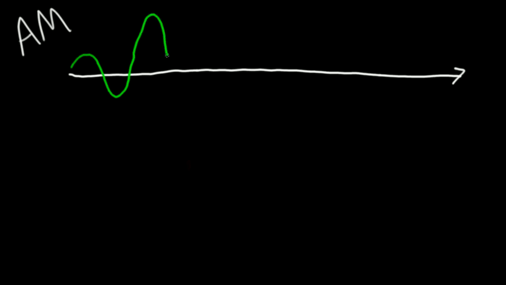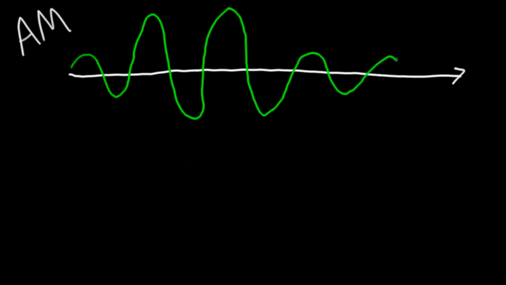The way that AM is traditionally visualized is as a sinusoid that varies over time. And if I do a good job of drawing it, you should see that the amplitude changes over time, but the frequency should not. So the peaks should be at approximately the same amount of time along the time axis from one another.